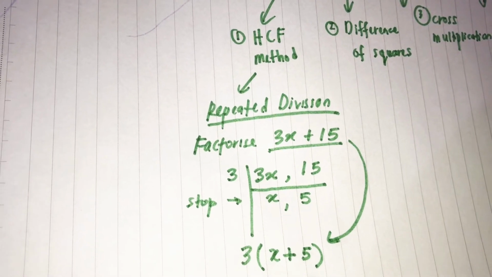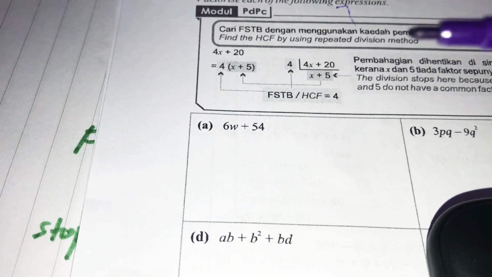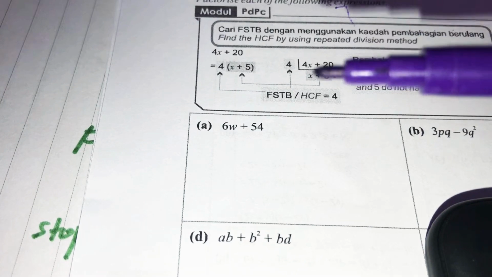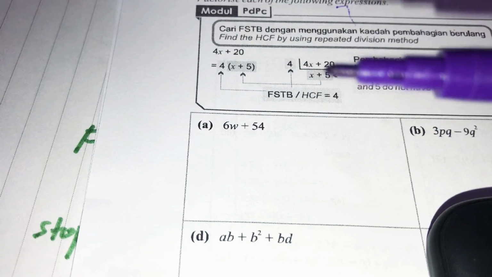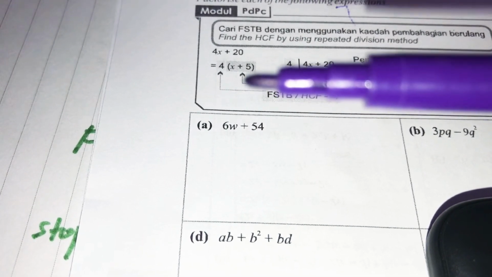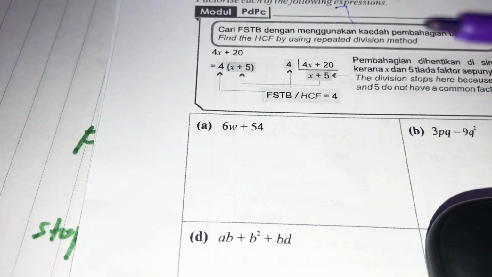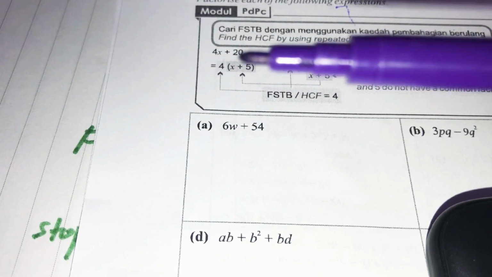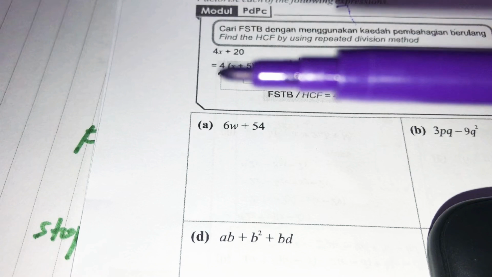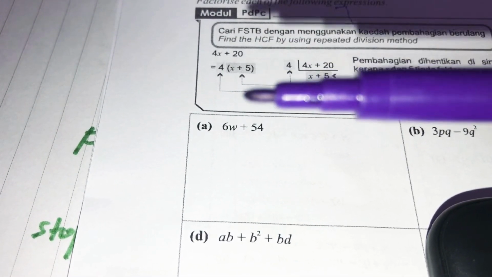Okay, now we will go to the workbook question. The first method is to find the HCF by using the repeated division method. But if you understand this, you can write the factorization without writing this one. Just find the common factor of 4 and 20, so you write 4 outside, and what number you multiply to get 20, so you write 5 here and x here.